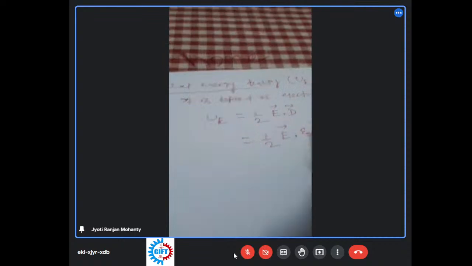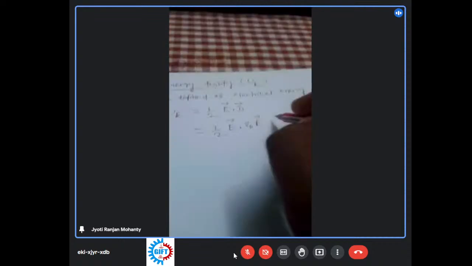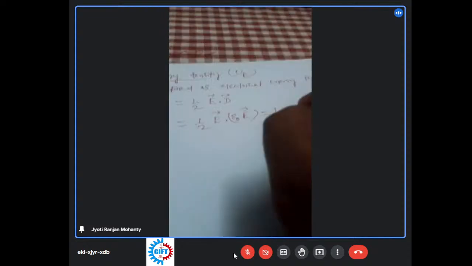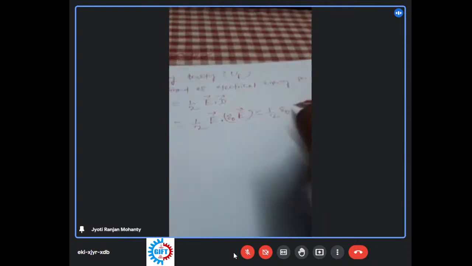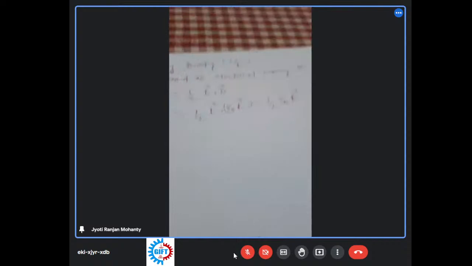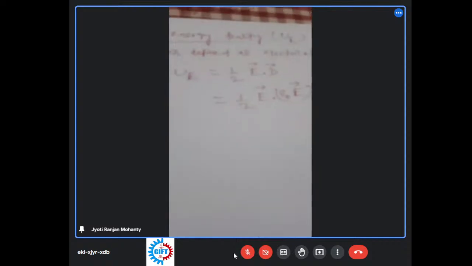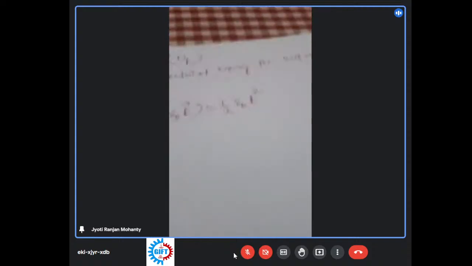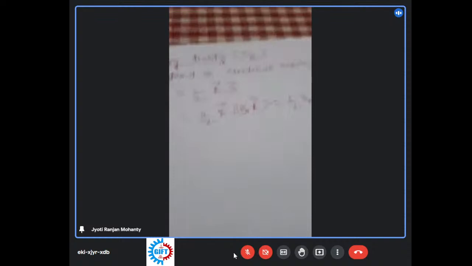If you multiply, your answer will be half epsilon 0 into E square. This is in free space. So the electrical energy density is equal to 1 by 2 epsilon 0 into E square.